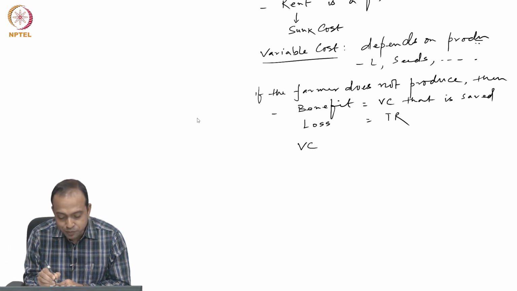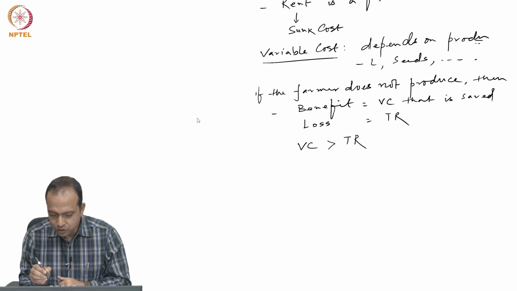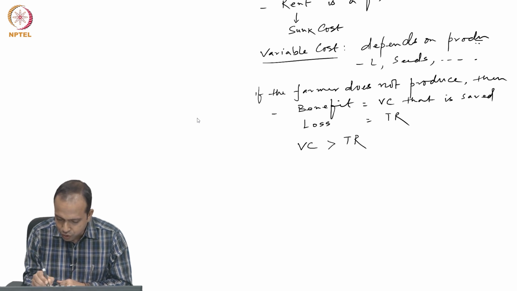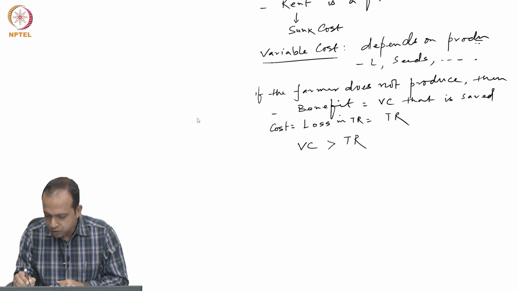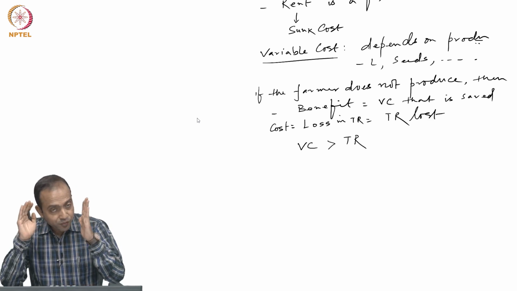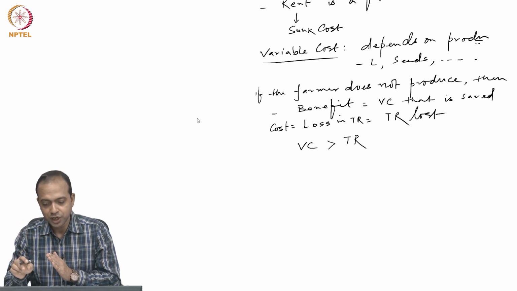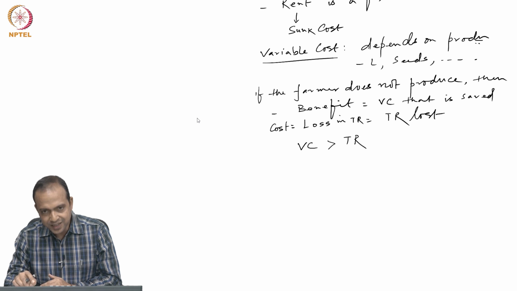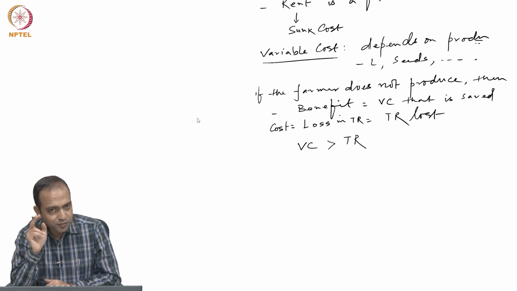Your benefit of shutting down should be more than the cost or loss. This cost equals the loss in TR, TR lost. You understand? If the farmer does not produce, farmer can save the variable cost in terms of labor, seeds, pesticides, so on and so forth. What would be the loss if the farmer does not produce?